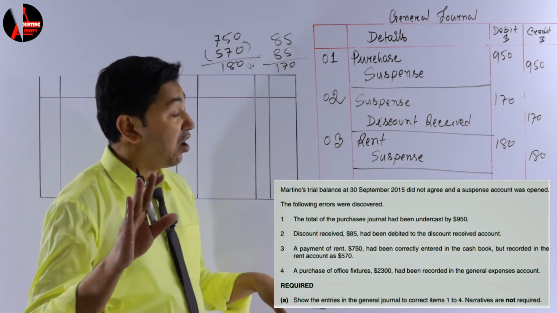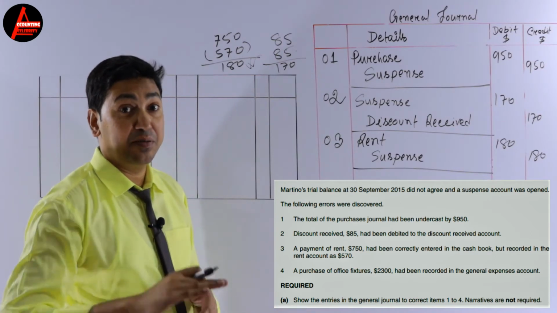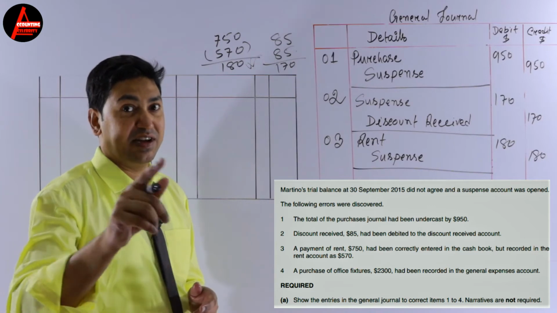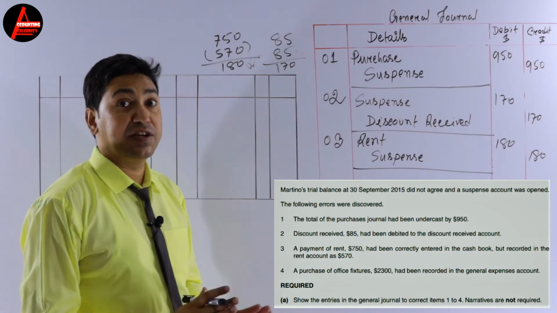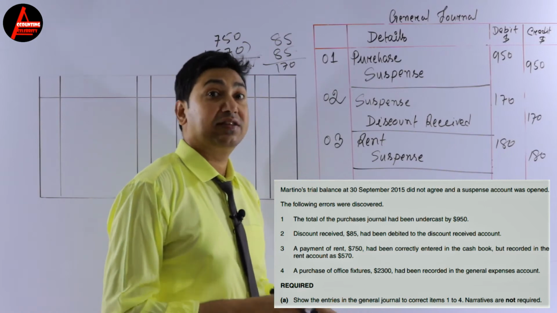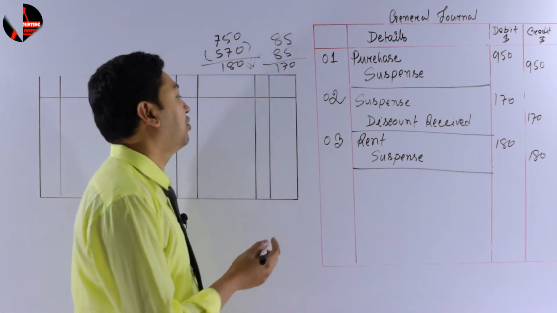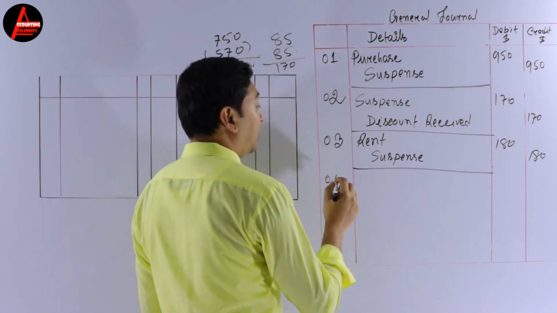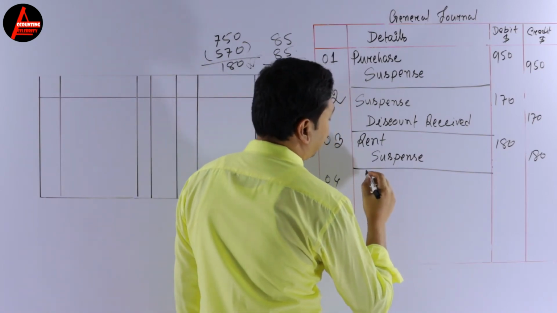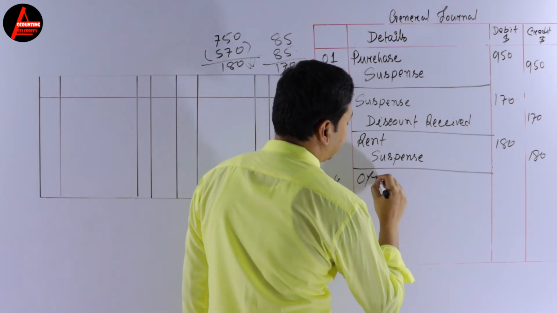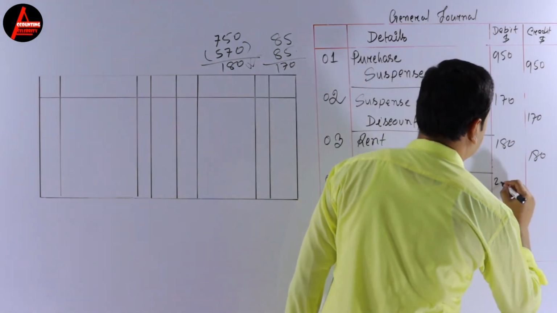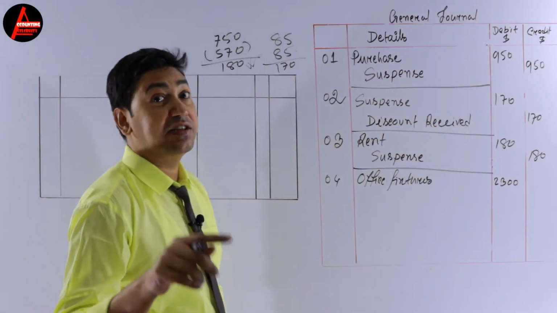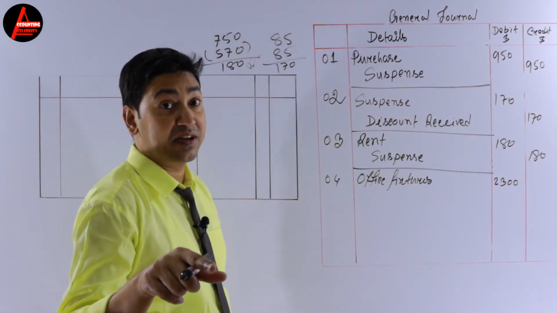Then here what happened? Office fixtures was an asset, but it is recorded as an expense, which is general expense written in the question. So office fixtures is an asset, a real account. When an asset increases, the asset needs to be debited. So what is there? Office fixtures $2,300. Then mistakenly general expenses was debited.